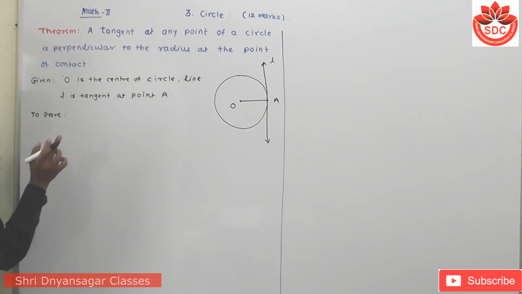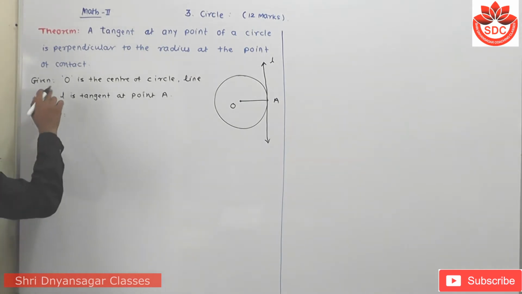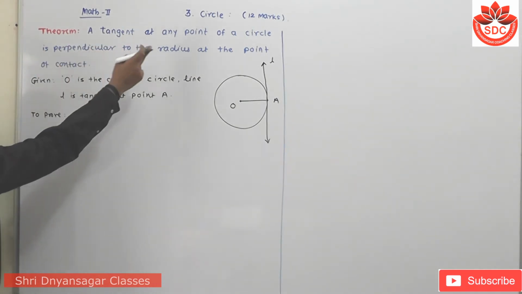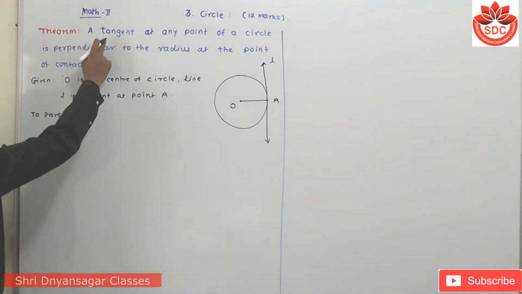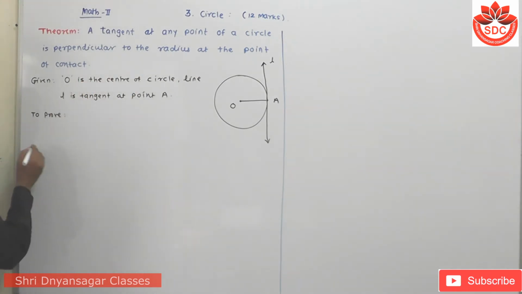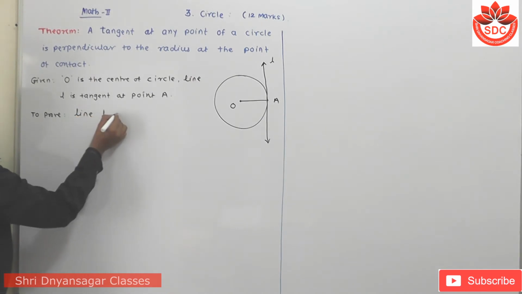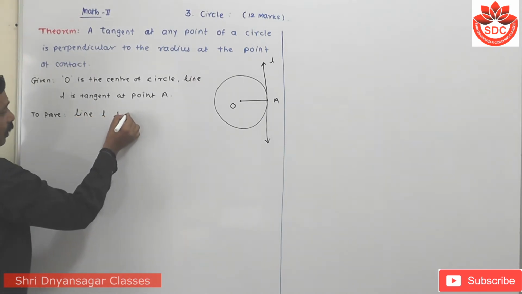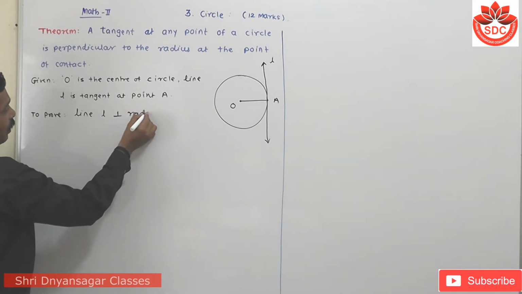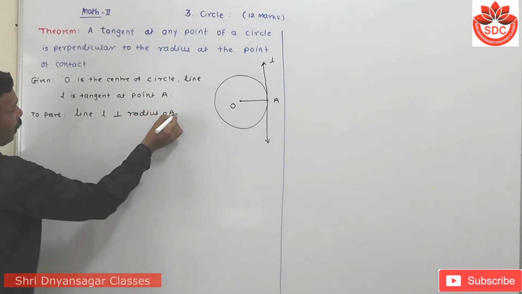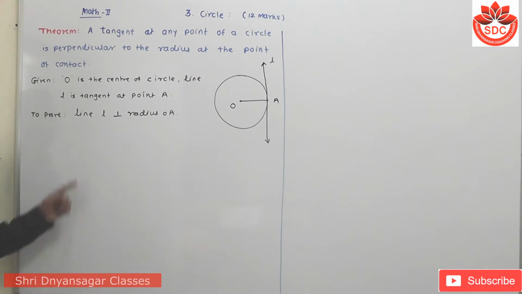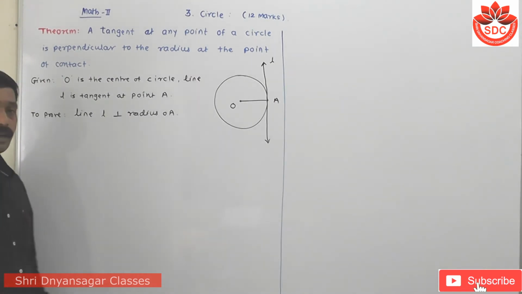That is, this line is perpendicular to the radius OA. So we write: to prove, line L is perpendicular to the radius or segment OA. We have to show that this line is perpendicular to the radius OA.